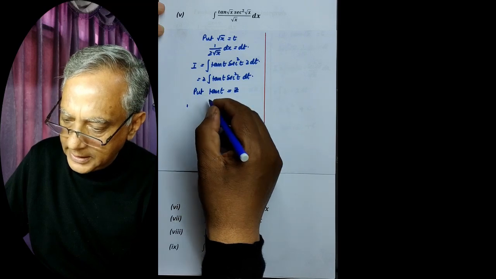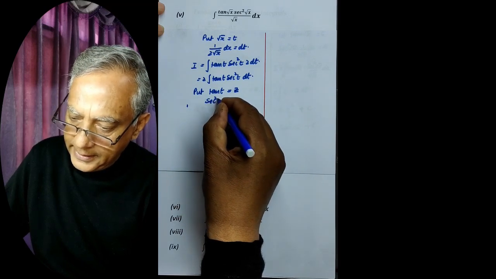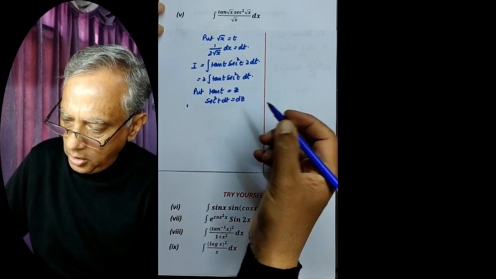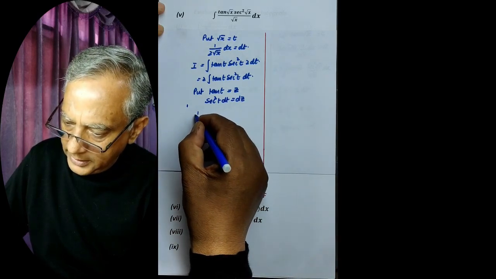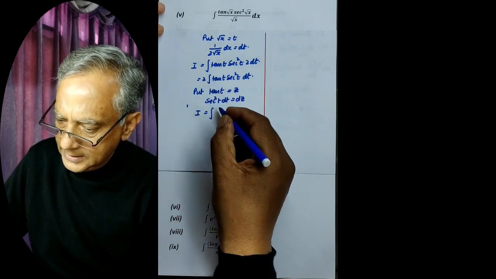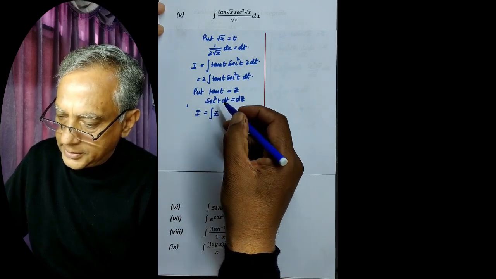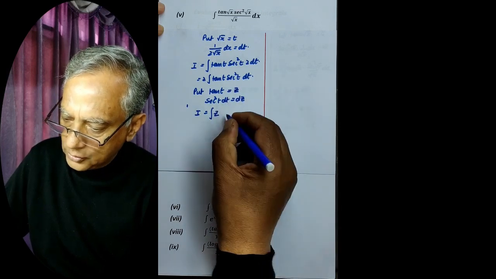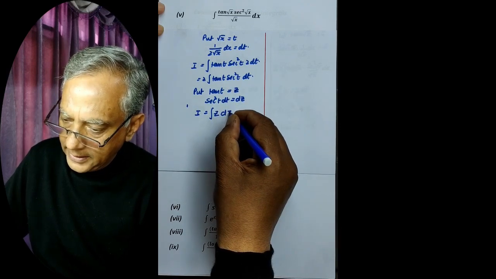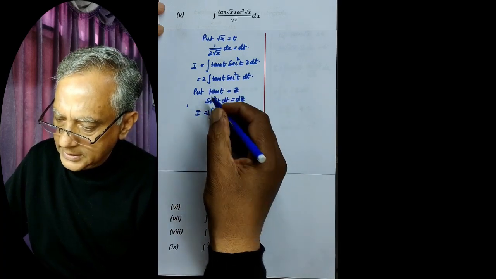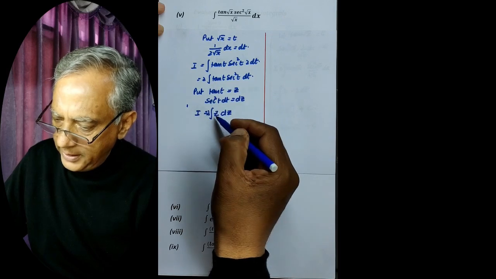So we will have secant square t dt is equal to dz, and therefore I is equal to integral tangent of t. Tangent of t is z, and secant square dt is dz. So this is dz, and we have 2 outside. This will be twice z dz.